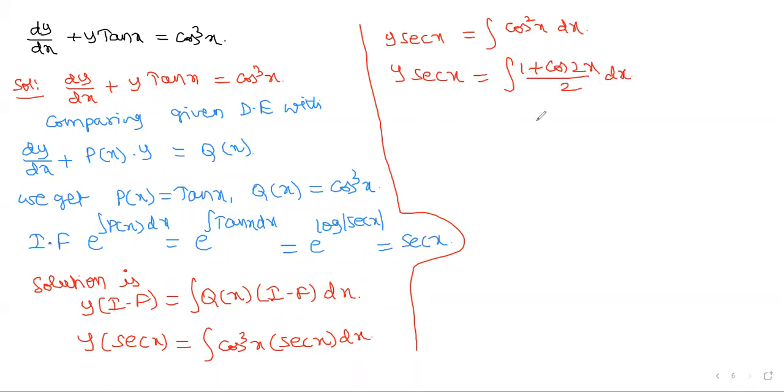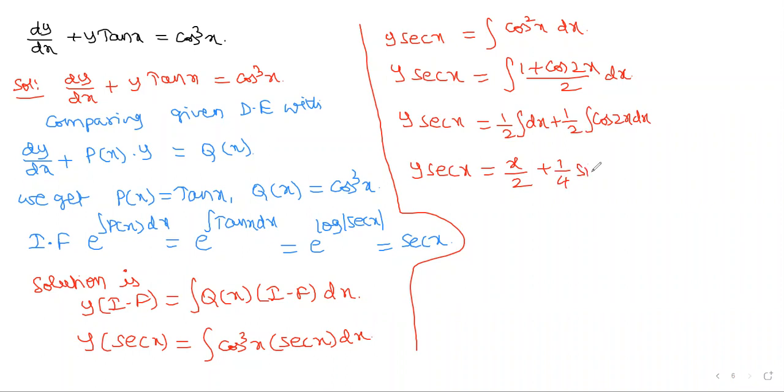Then y into secant x is equal to 1 by 2 integral dx plus 1 by 2 integral cos 2x dx. Integral dx is x, so it is x by 2. The integration of cos ax is 1 by a sin ax, so 1 by 2 into 2 is 1 by 4 sin 2x, plus c. So this is the solution of the given differential equation.